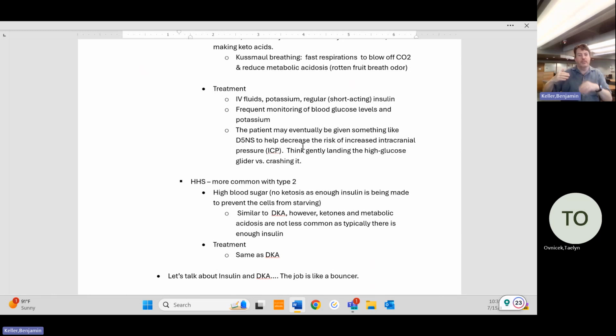The way I look at it is if you're flying in a plane and the pilot's sick, just don't crash it. You want to try to bring it into a nice gentle landing, right? So we don't crash the plane. We want to set it down gently. And that usually means titrating in a little bit of dextrose. So that's why that can be used for that.